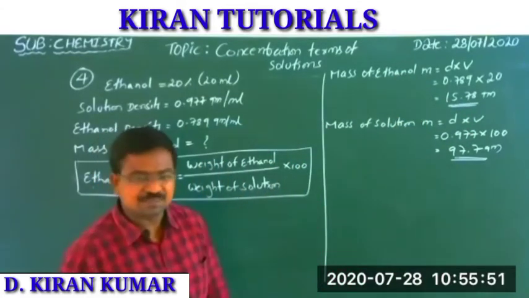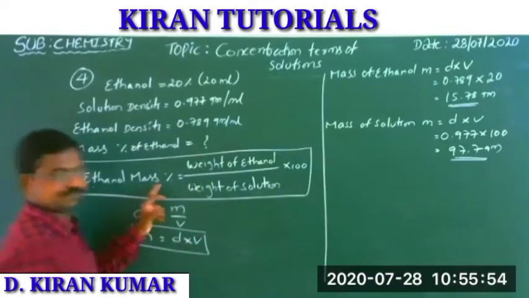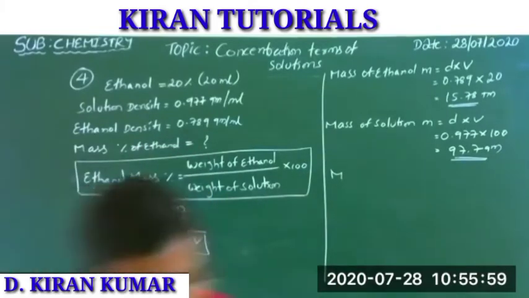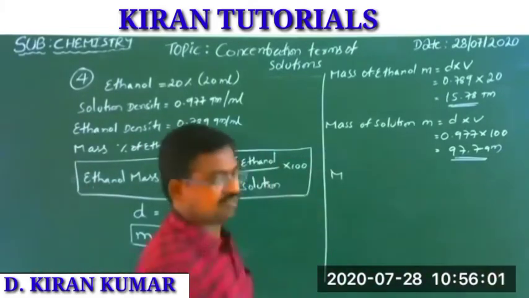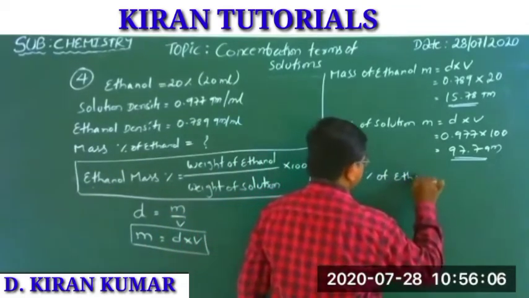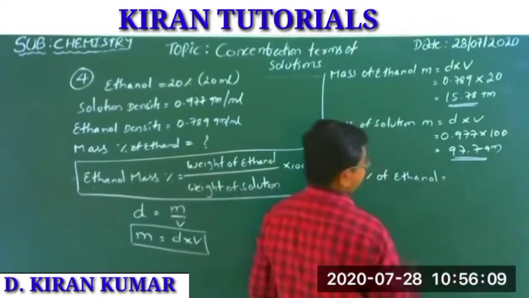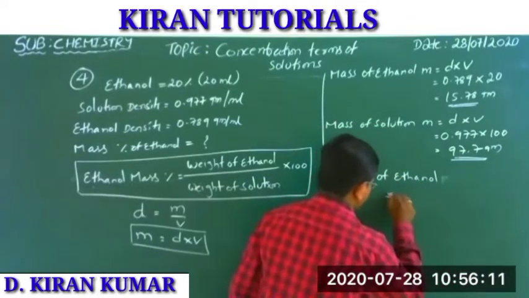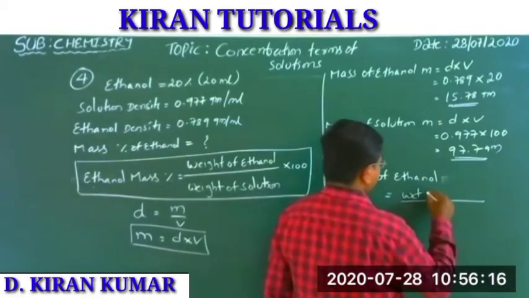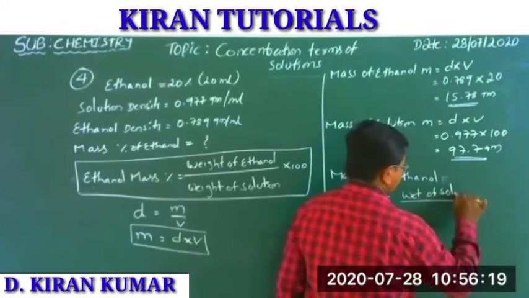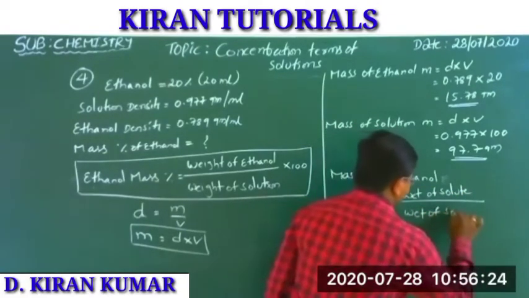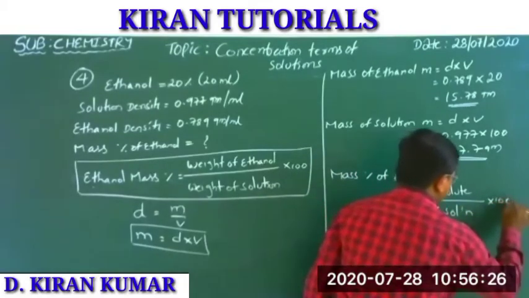Now, mass percentage of ethanol. What is the formula? Mass percentage of ethanol is equal to weight of solute by weight of solution into 100.